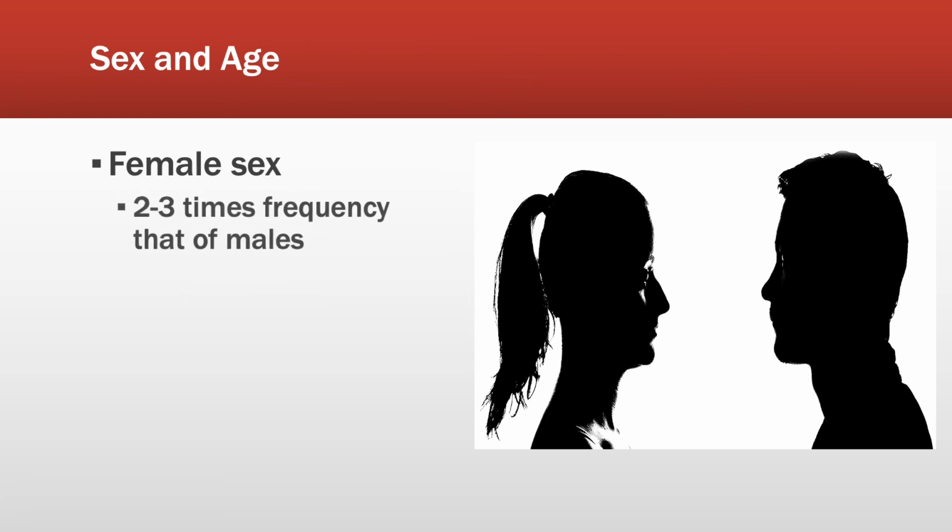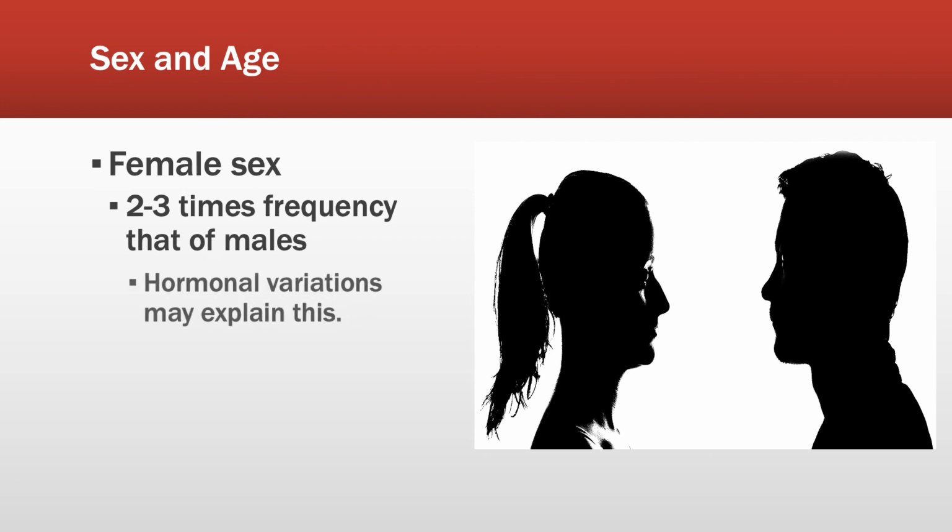For instance, females have a TDP frequency of between 2 and 3 times that of males. The comparative frequency is especially higher post-puberty. This difference has, at instances, been linked to the hormonal variations between males and females. This hormonal variation is mainly linked to the effects that sex hormones have on the handling of calcium in general.